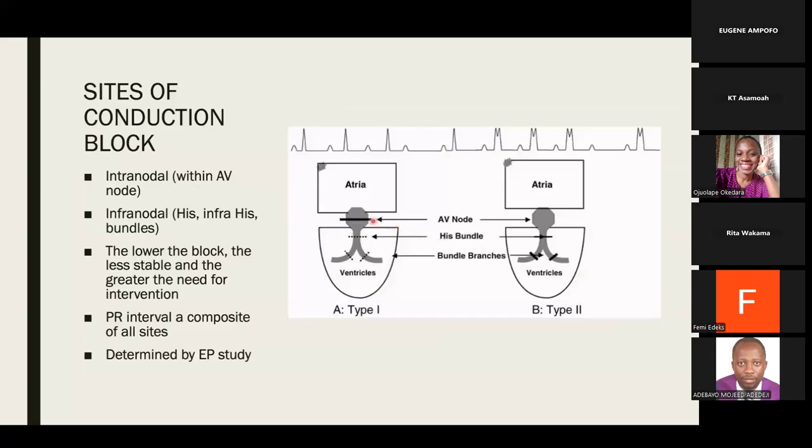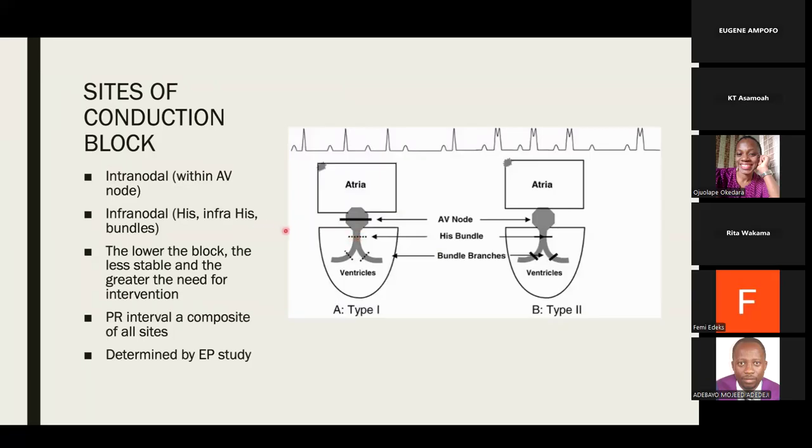So as I mentioned, you would have the delay occurring within the AV node. This is what happens in the first degree and Mobitz 1 AV blocks. Then you can have blockages lower down within the His bundle or at the level of the ventricle.